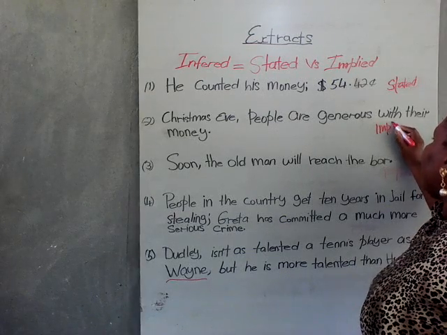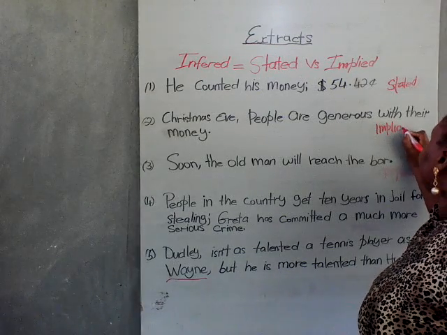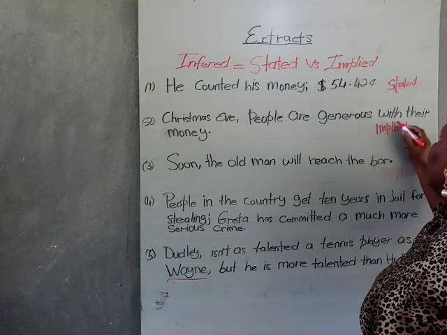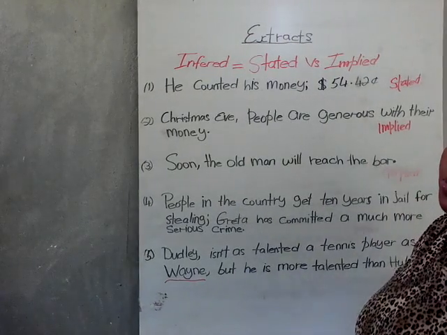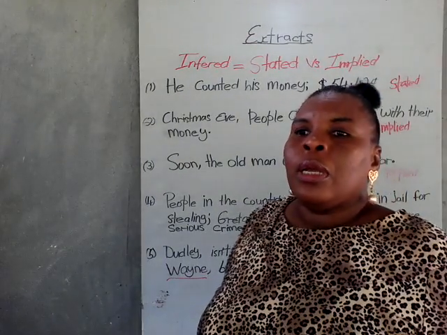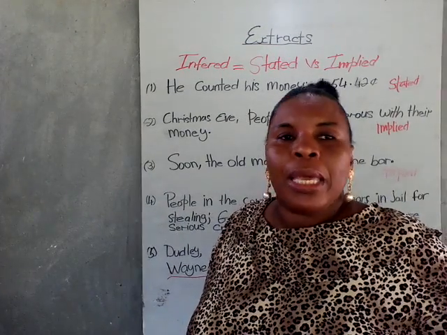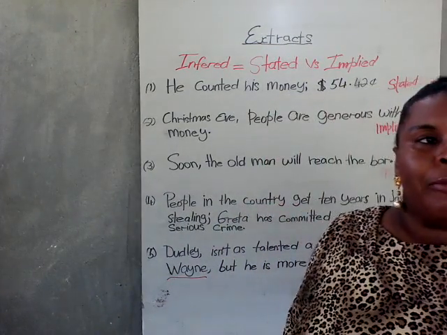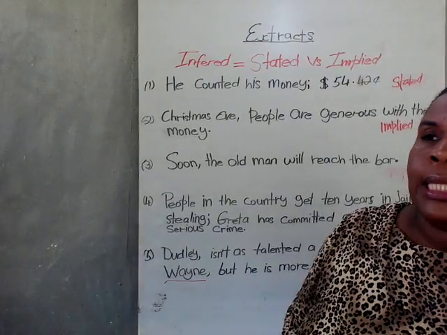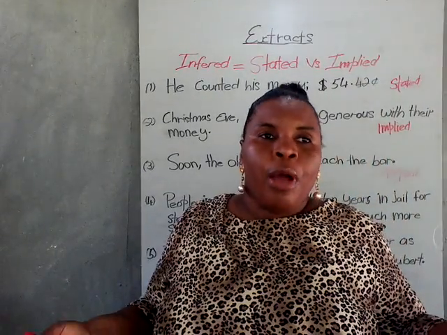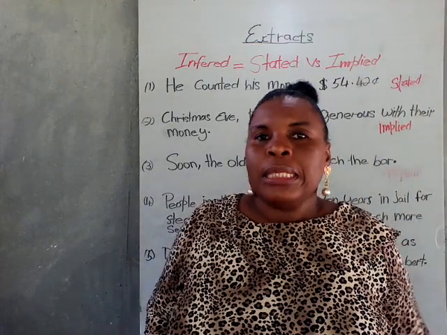He's implying that people are generous with their money at Christmas time, but just like how he's getting money from somebody or begging money or whatever the case might be for him to make that statement, probably other people are doing the same thing.